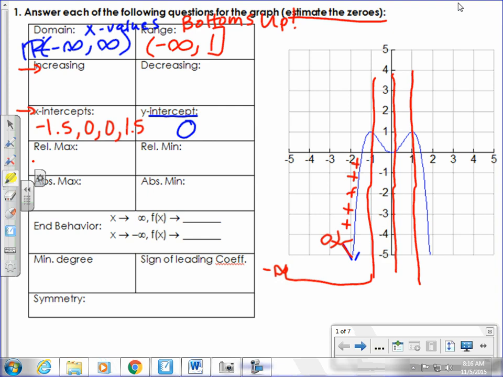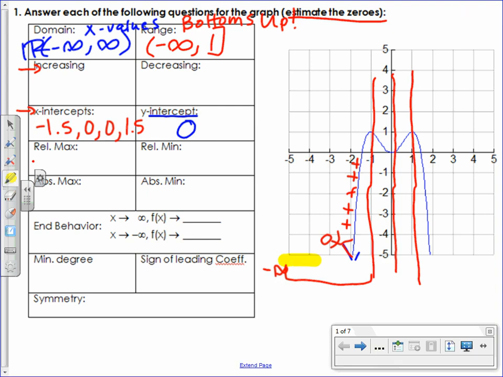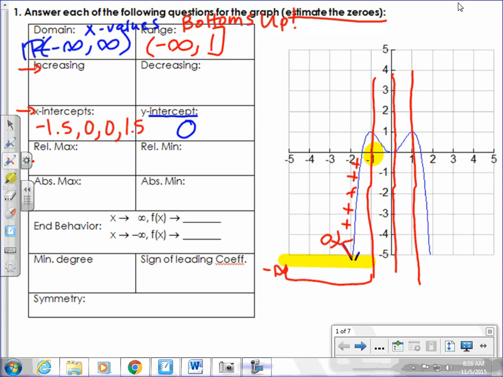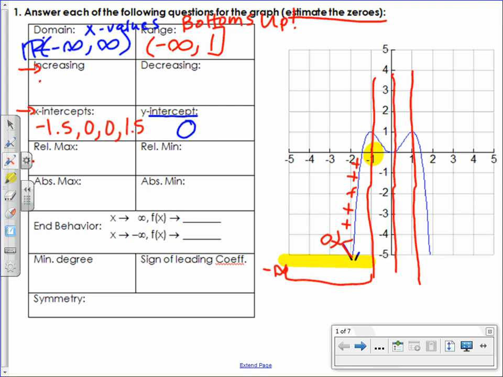This line right here goes from negative infinity to right here, and its value is at -1. So I would say he's increasing from negative infinity to -1. And then we can lock that in.